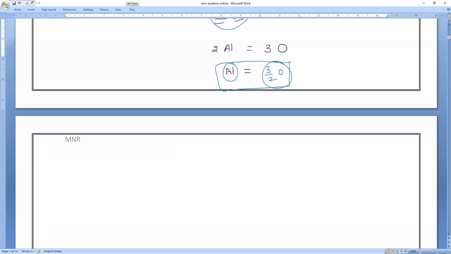Two aluminium atoms. I'm trying to make a procedure, that's all. All of you observe: for the valency of aluminium, how many aluminium atoms are involved?